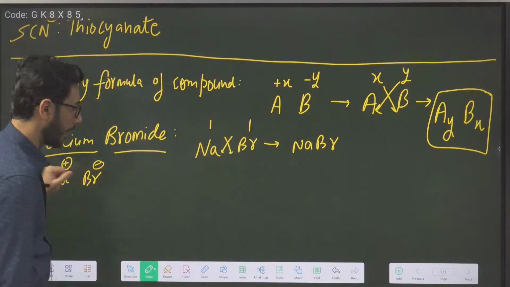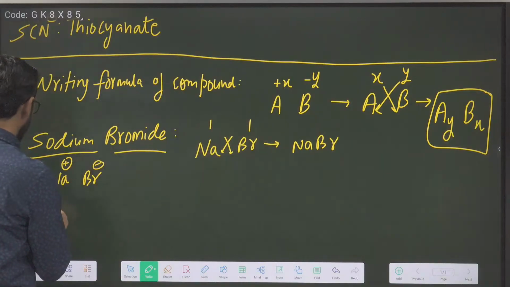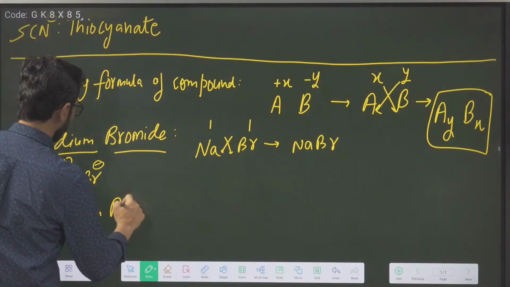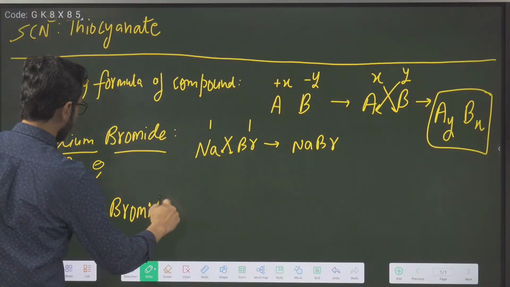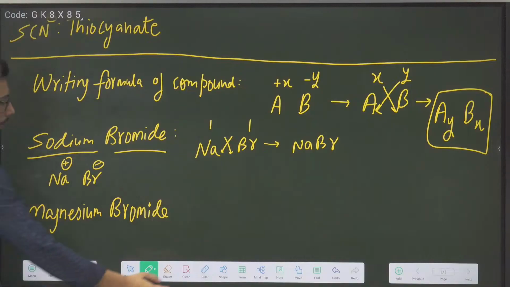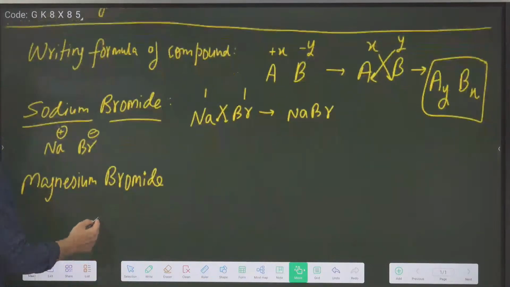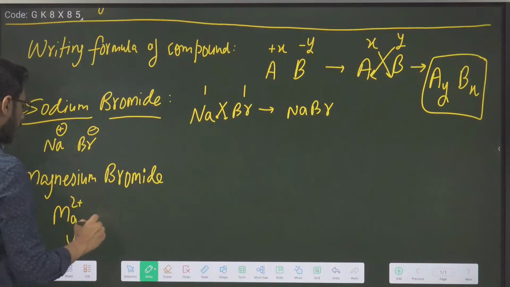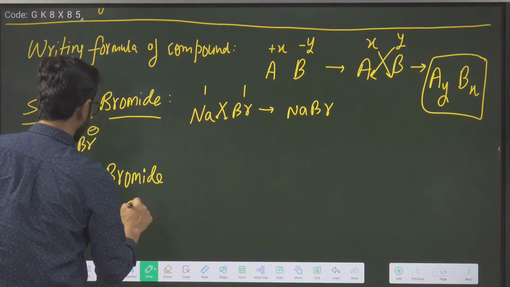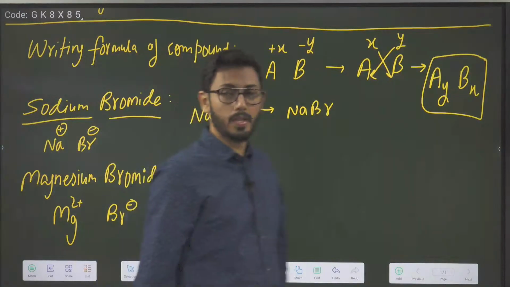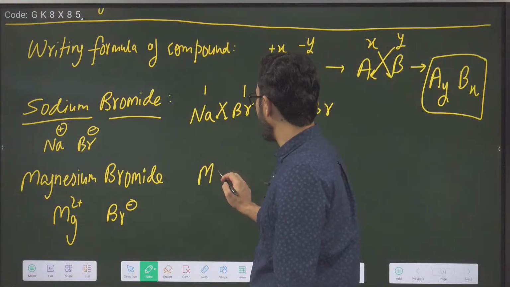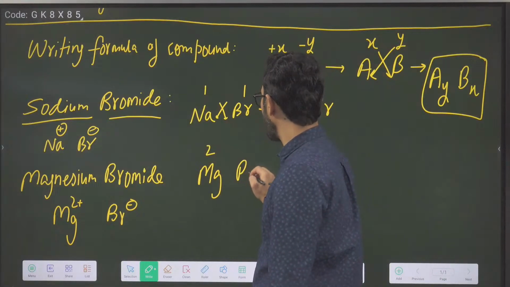If it is magnesium bromide, now in case of cations, this example was done. Mg will be 2 plus and Br is minus 1. So Mg will be 2 and Br will be 1.